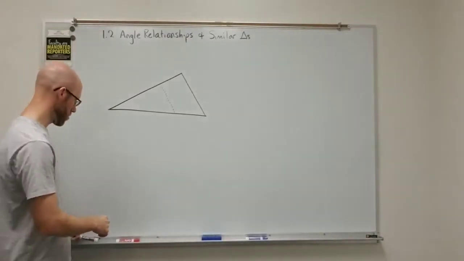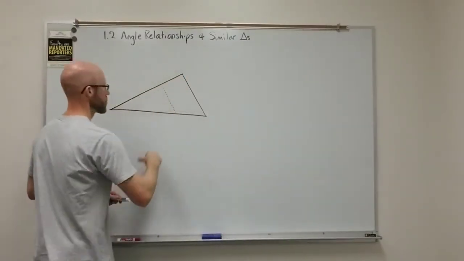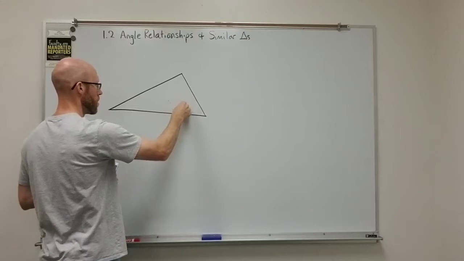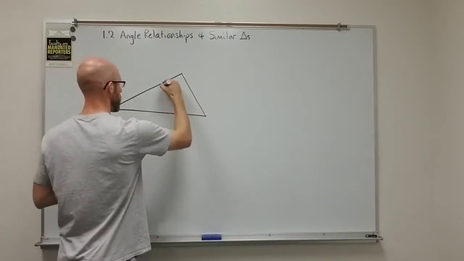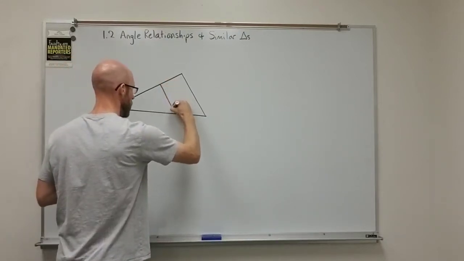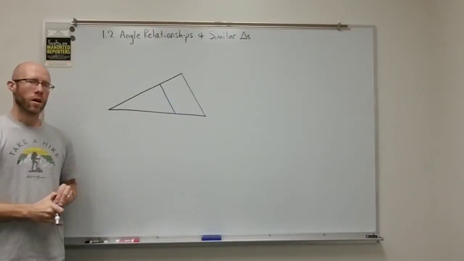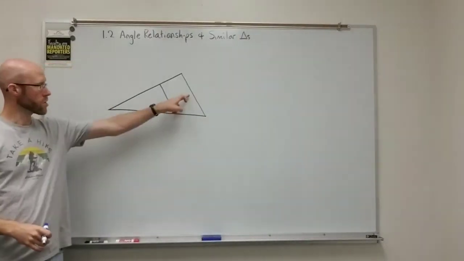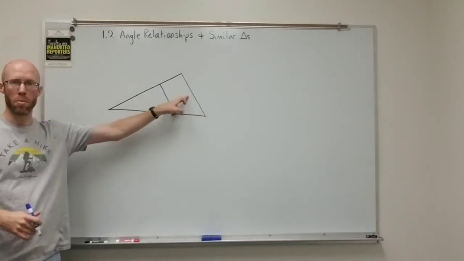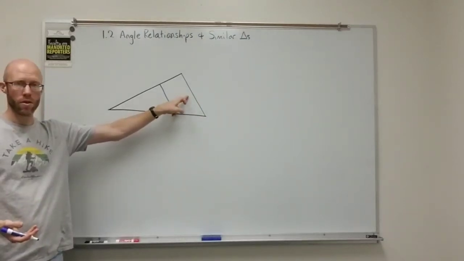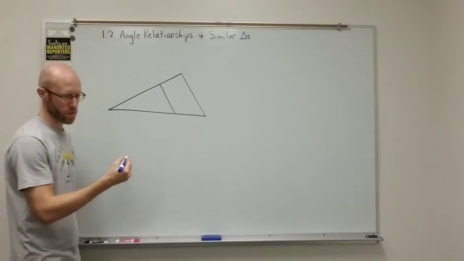In fact, maybe I'll draw that in another color so that it stands out a little bit more. That might be a little bit better, okay? Okay, so now, as long as the two sides here are parallel, we have similar triangles. I'll kind of explain that for a moment.